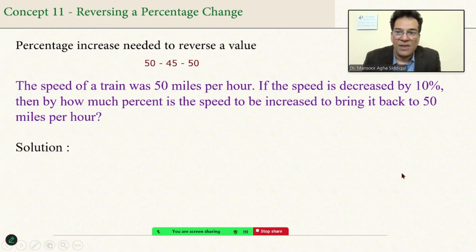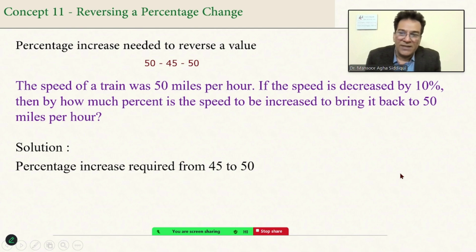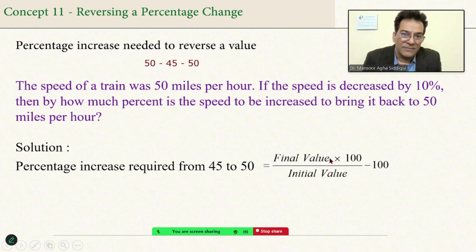So the solution is we need a percentage increase from 45 to 50 because it had been decreased previously. So whenever the value has been decreased, you need to increase it back. Whenever the value has increased, you need to decrease it back. So now I'll write final value multiplied by 100 upon initial value minus 100.